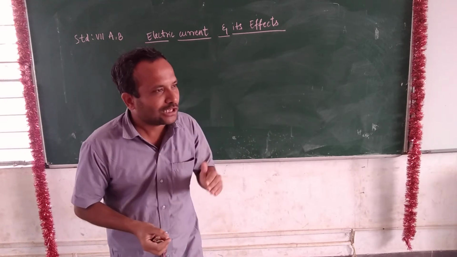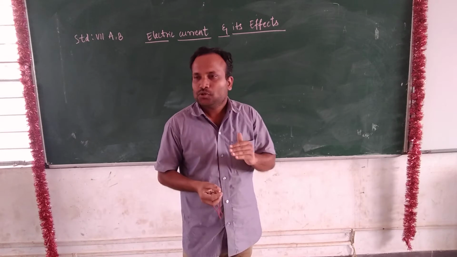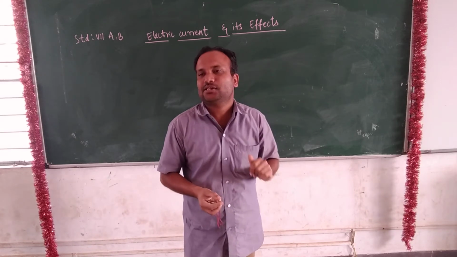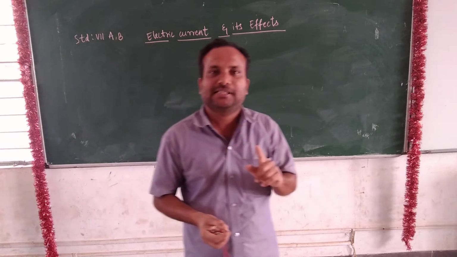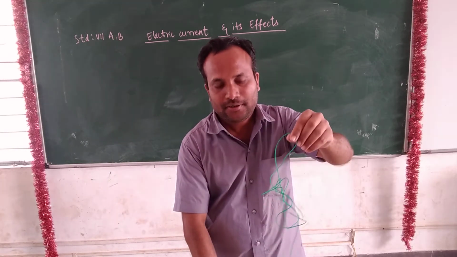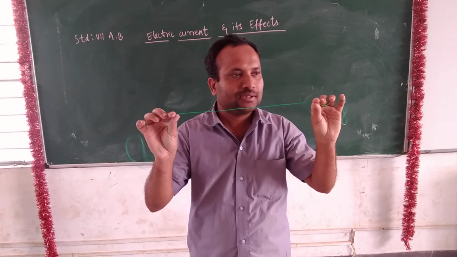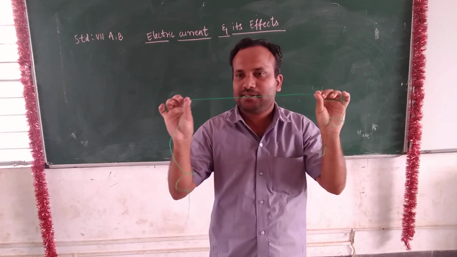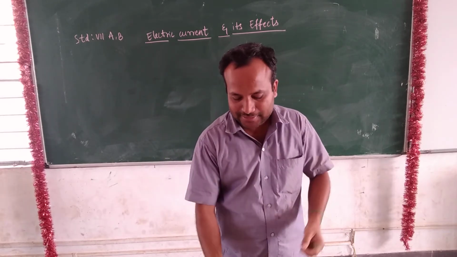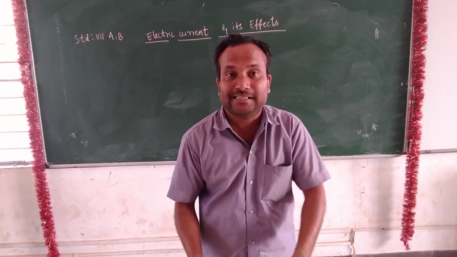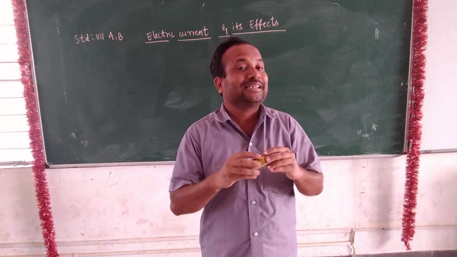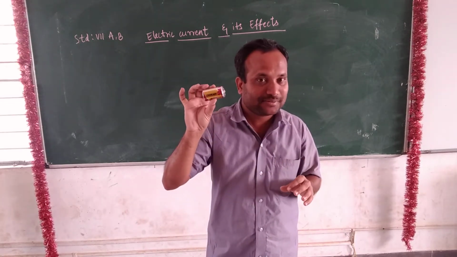So whatever the circuit is, children, that circuit consists of a simple wire. Any circuit consists of a simple wire. For that we need electricity. For that electricity we have cells here.